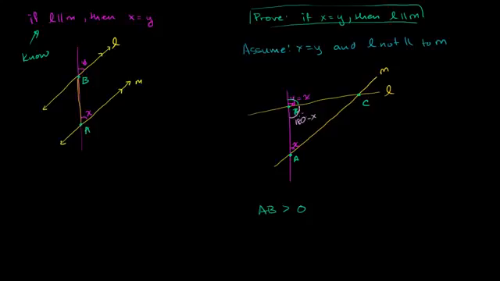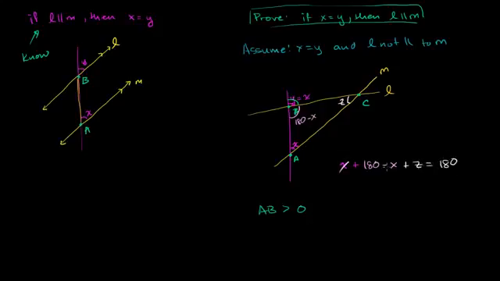And then this last angle, let's call it angle z. We know that the sum of the interior angles of a triangle is equal to 180 degrees. So we know that x plus 180 minus x plus z is going to be equal to 180 degrees.